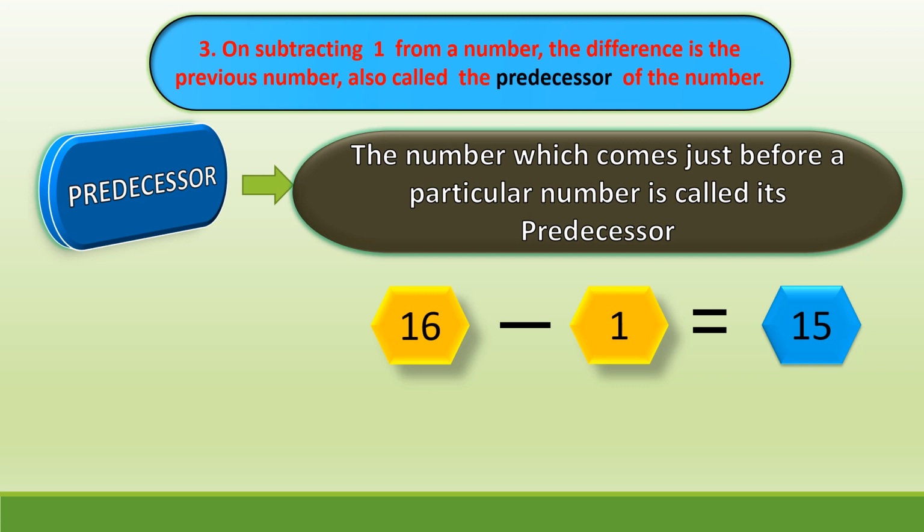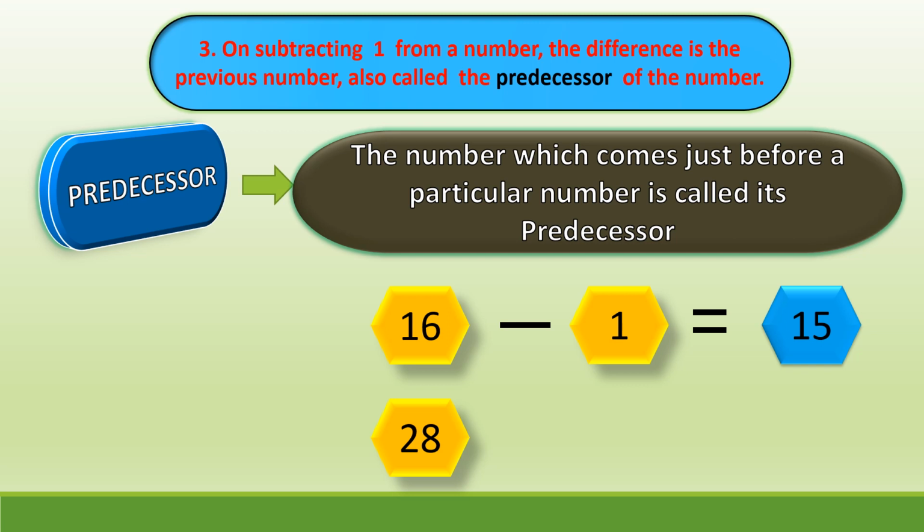If I ask you what is the before number of 16, what will you tell? 15 is before 16. So 16 minus 1 gives us 15. And 15 is called the predecessor.